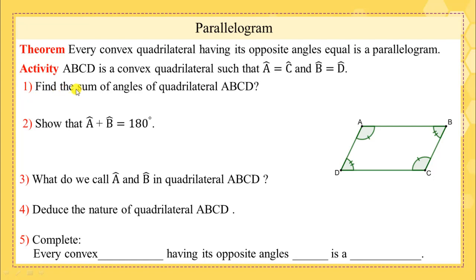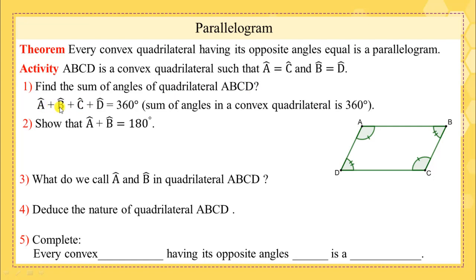Part 1. Find the sum of angles of quadrilateral ABCD. A plus B plus C plus D equals 360 degrees because we know that the sum of angles in a convex quadrilateral is 360 degrees. Part 2. Show that A plus B equals 180 degrees.